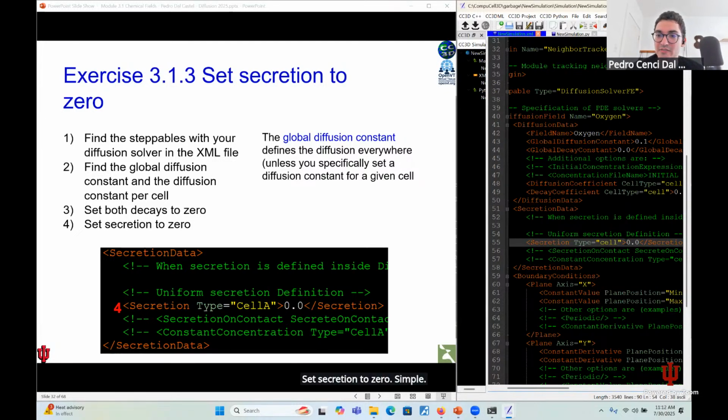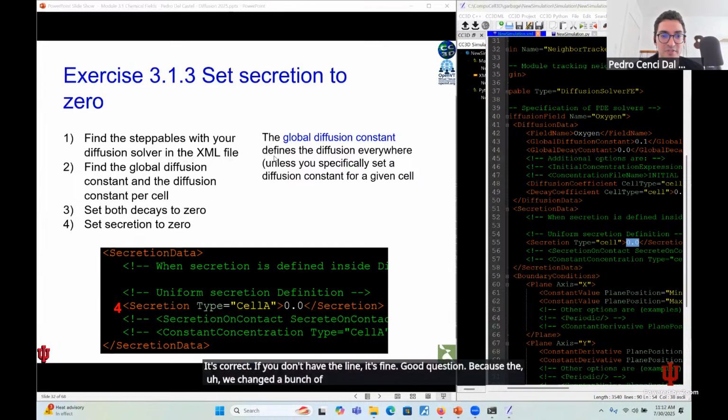Just modify the secretion value here to 0. What do we do if you don't have the line? Just don't do anything. It's correct. If you don't have the line, it's fine. Good question. Because we changed a bunch of these stuff for the 4.7 version.